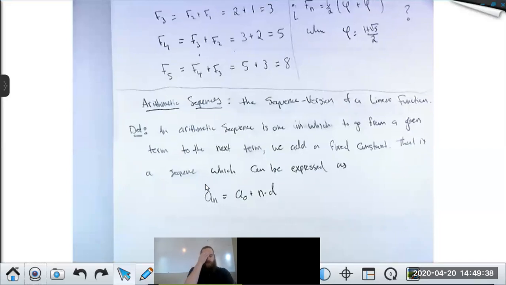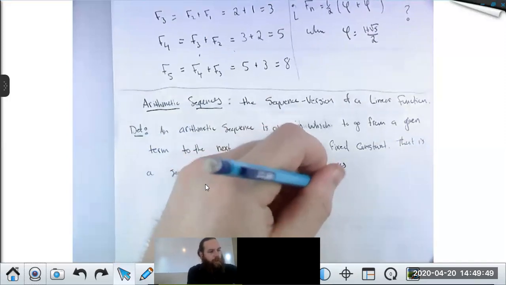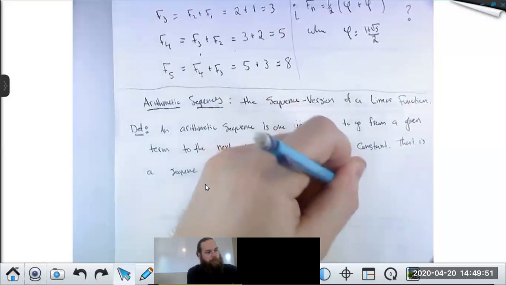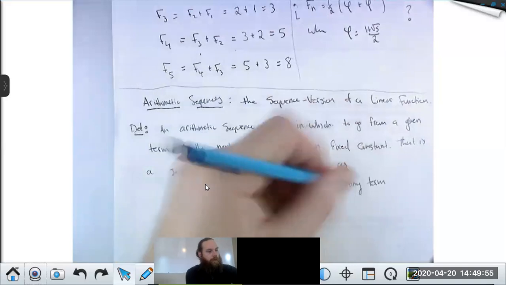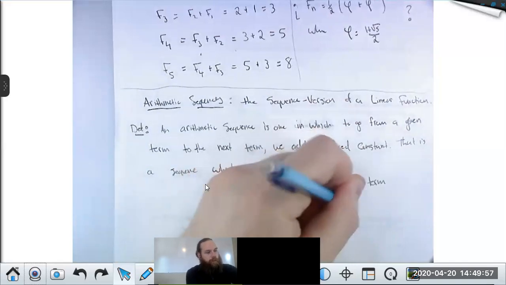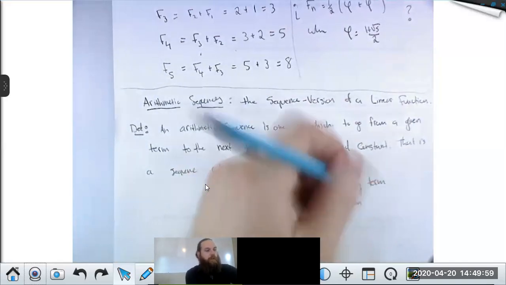So your variable here is n, A0 and d are both constants, and the name for d is the common difference. A0 we would call the starting term. And d we call the common difference.